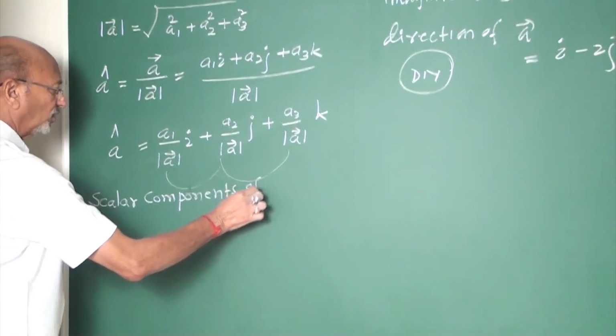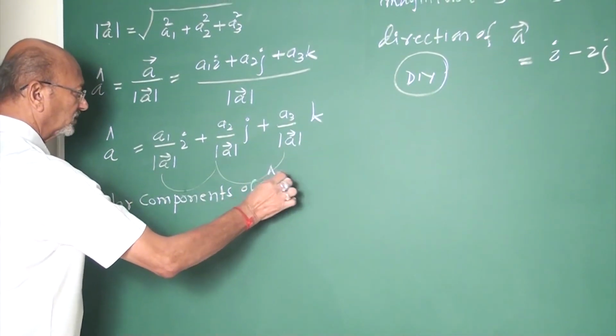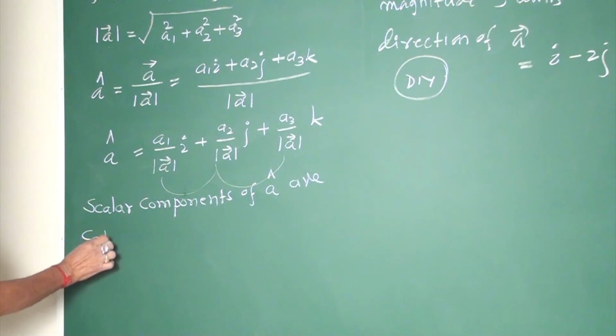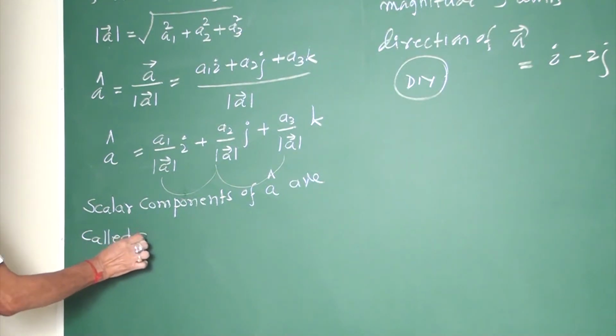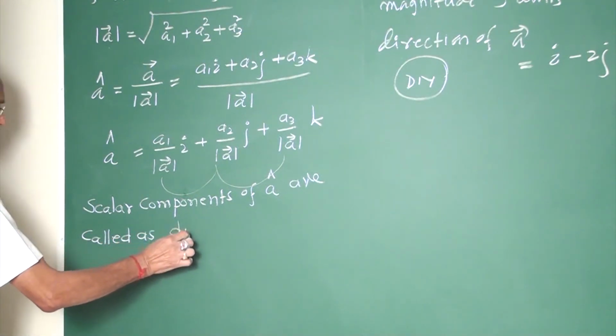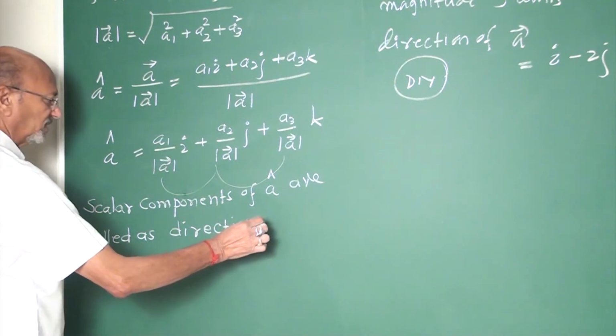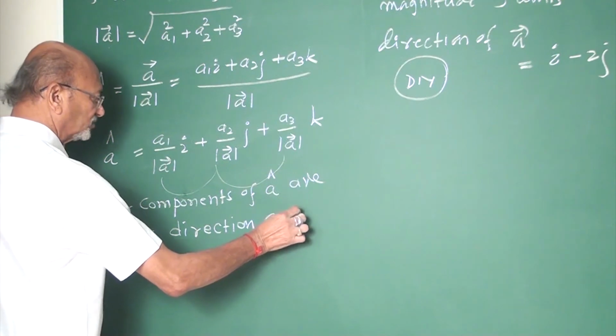Scalar components of A cap are called as direction cosines.